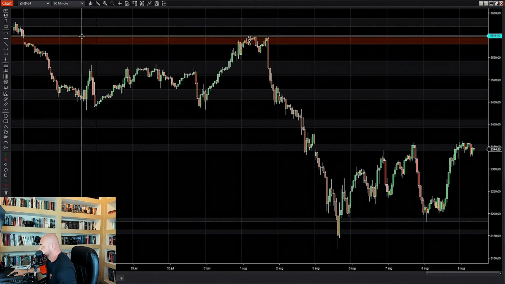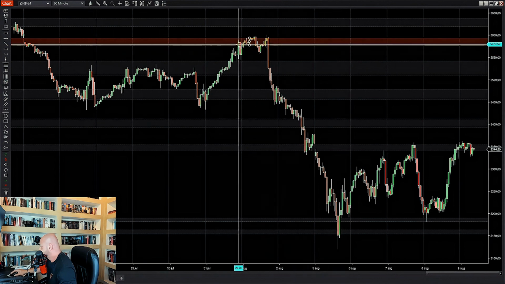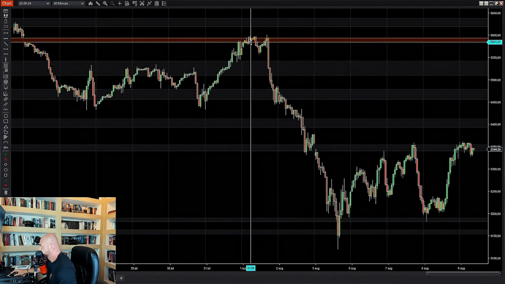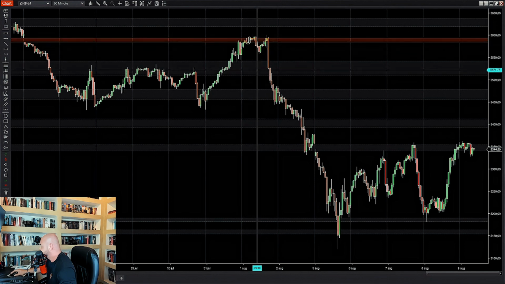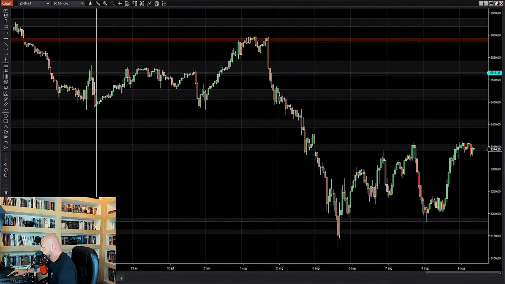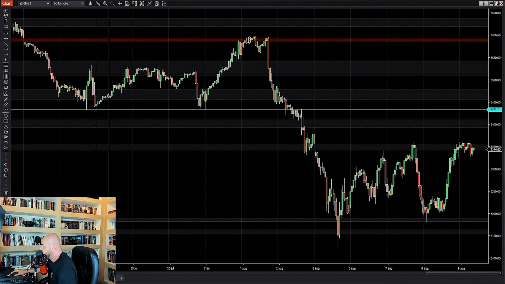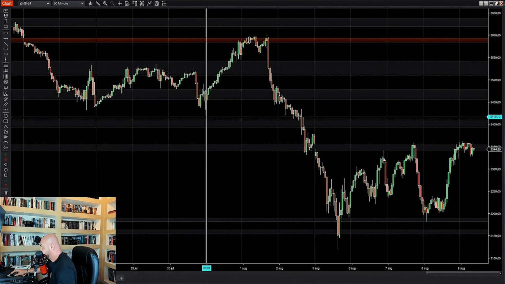So now we're just going to adjust these levels a little bit, making them a little bit smaller and more precise. As you can see, when coming up, we had 1, 2, 3, 4 touches before going down right underneath here.